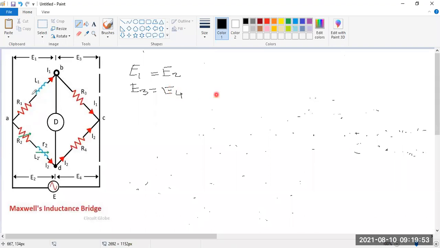This is the balance condition for the potential difference.